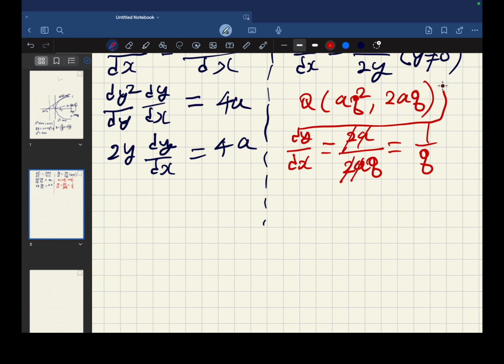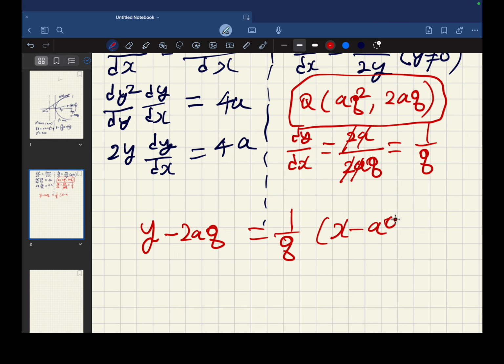And since the line must be a path through this point Q, we can get the equation here: y minus 2aq is equal to 1 over q times x minus aq squared.